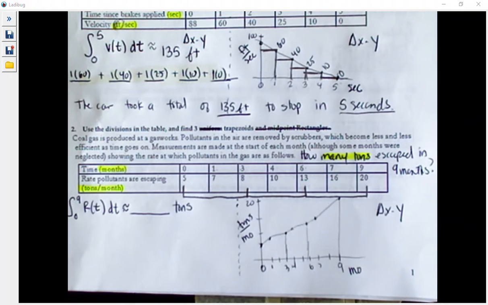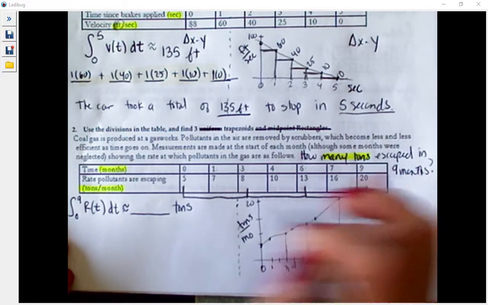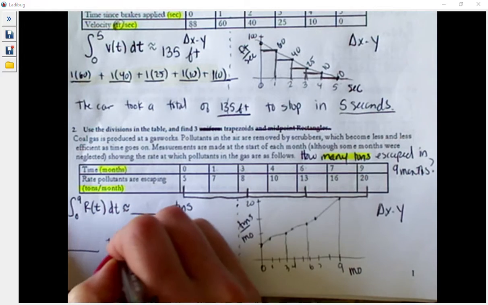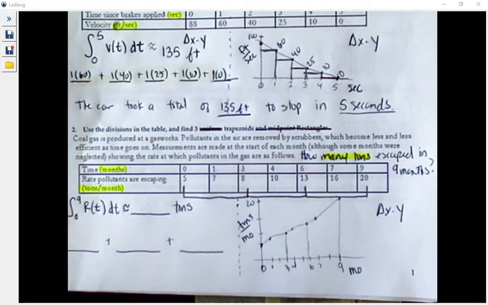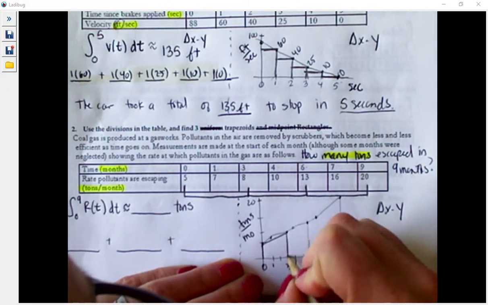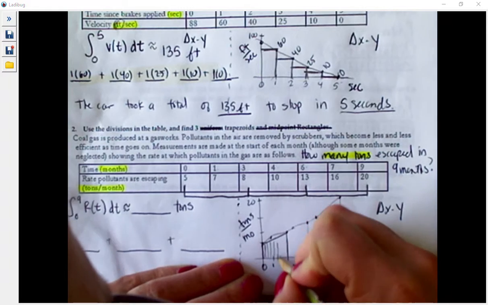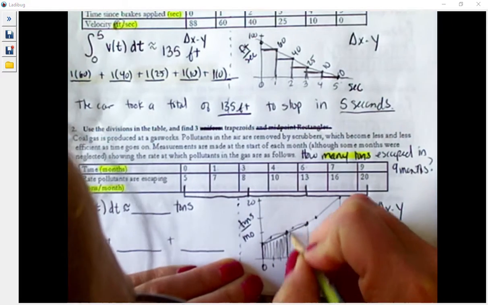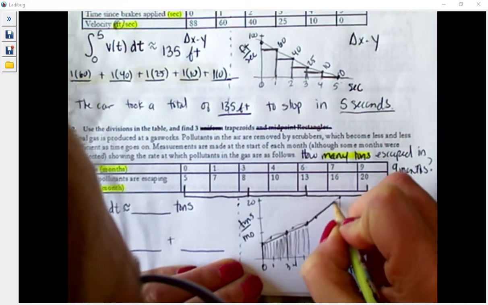Okay, trapezoids, so let's remember that area formula. Okay, 3 of them. 1, 2, 3. You want to look the numbers up in the table? Or do you want to write them on the graph? That's up to you. Here's my first trapezoid. Here's my second trapezoid. Here's my third trapezoid.